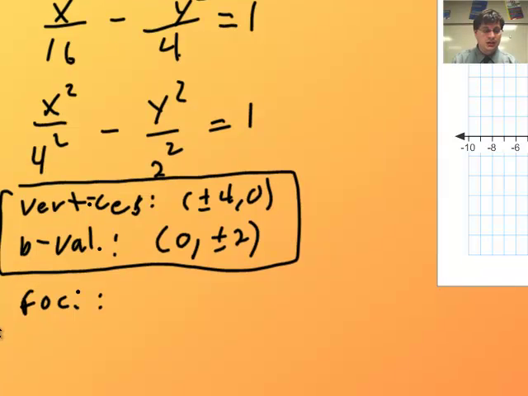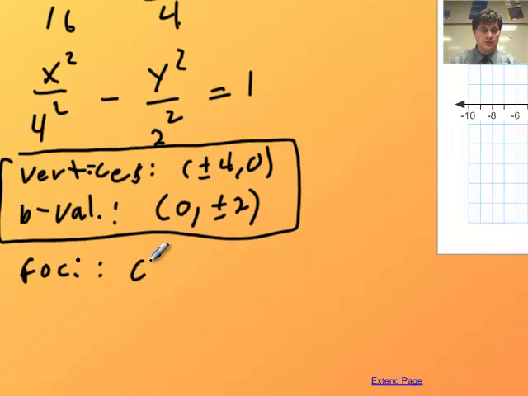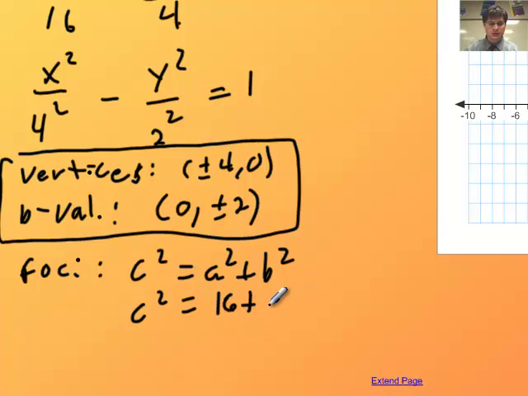And the foci can be found using that formula c squared equals a squared plus b squared. So in this case, c squared is equal to 16 plus 4. So thus c squared is equal to 20.